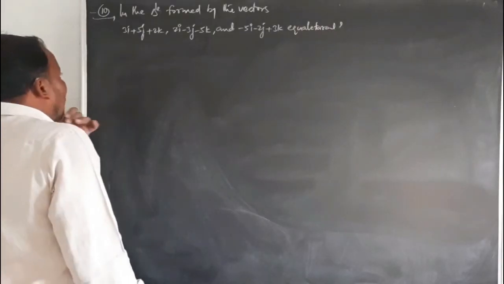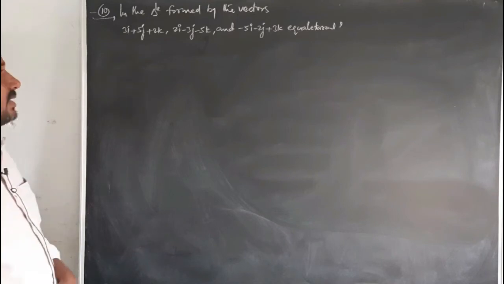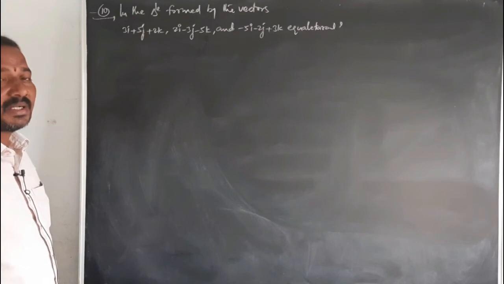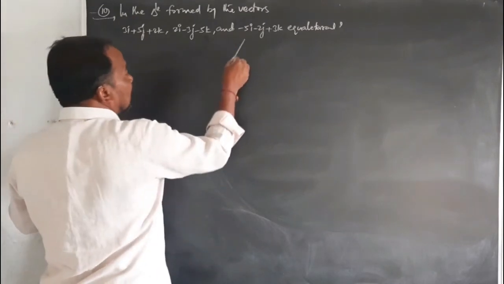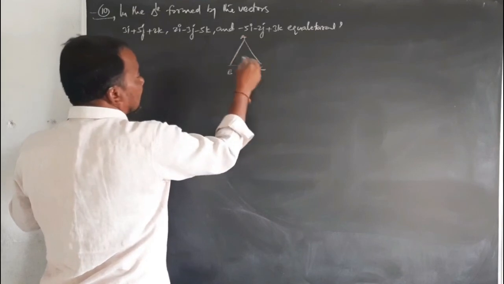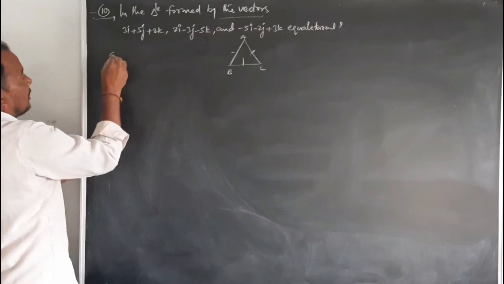The vectors 3i plus 5j plus 2k, 2i minus 3j minus 5k, and minus 5i minus 2j plus 3k form an equilateral triangle. Equilateral triangle means the three sides are equal.